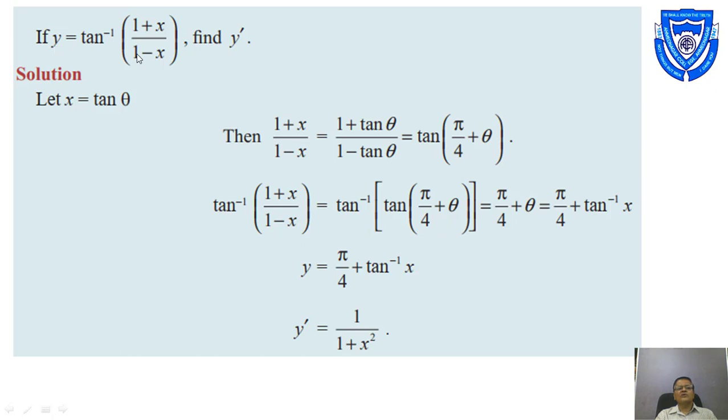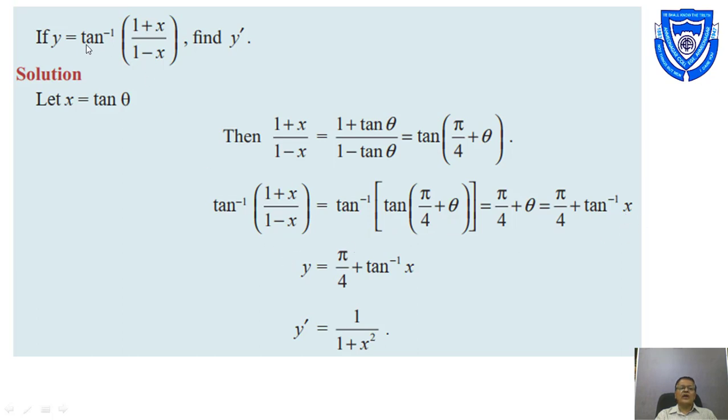So our y becomes tan inverse tan of pi by 4 plus theta, which is equal to pi by 4 plus theta. Theta is tan inverse x, because x is equal to tan theta. So our y is pi by 4 plus tan inverse x.